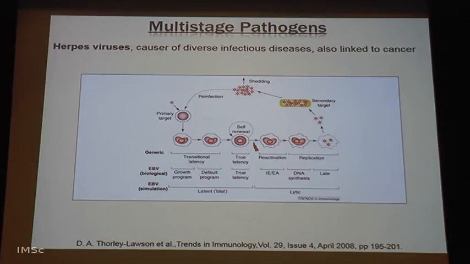So for instance, the Epstein-Barr virus, which I will tell you a lot more about later on in my talk, also manages to infect cells, and those cells go through a process of different migration and differentiation stages, and all those stages appear differently to the immune system, and then the cells finally shed viral particles, which then can infect new cells, so the cycle is closed.